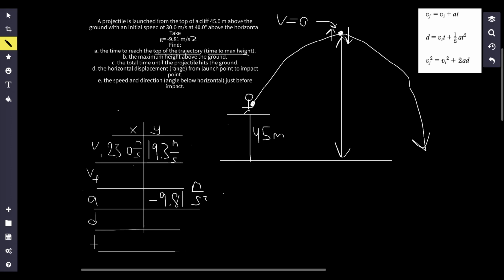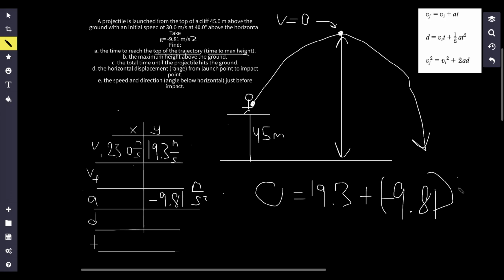If you recall that, then this is a really powerful tool because we can set up our first kinematic equation. We can say that the final velocity, which is at this point right over here, and we said that's equal to 0, is equal to our initial velocity in the y direction plus the acceleration in the y direction multiplied by time, and then we can solve for time using this.